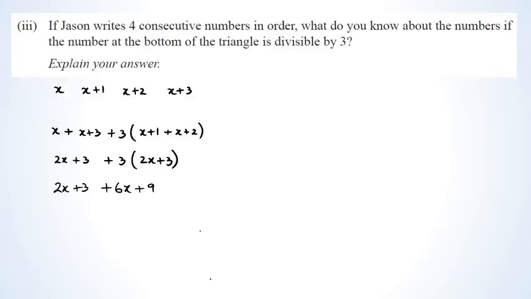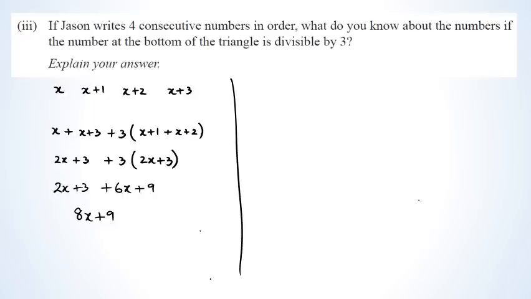And so the total of this number at the bottom is going to be 8x plus 9. So my final number is 8x plus 9. Okay, so this is the fourth number in the bottom.